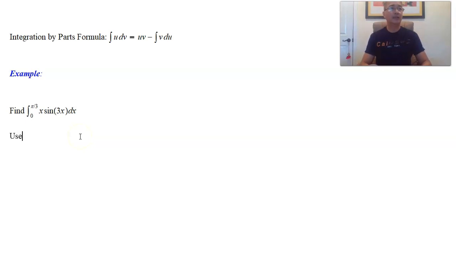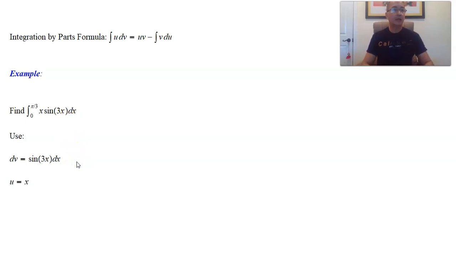So let's use dv will be sine of 3x dx. The dx also has to be part of our computations, and our u will be x. So double check that everything in this integral is in one of these equations. x sine 3x dx, everybody's there.